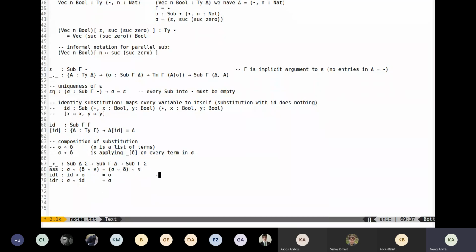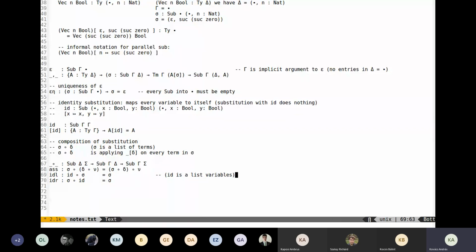Okay, and for example, if we are using the previous intuition, does this hold informally if we are just appealing to this list intuition for substitution? So here, ID is just a list of variables, and every variable is mapped to itself, and we want to perform the sigma substitution on every variable.